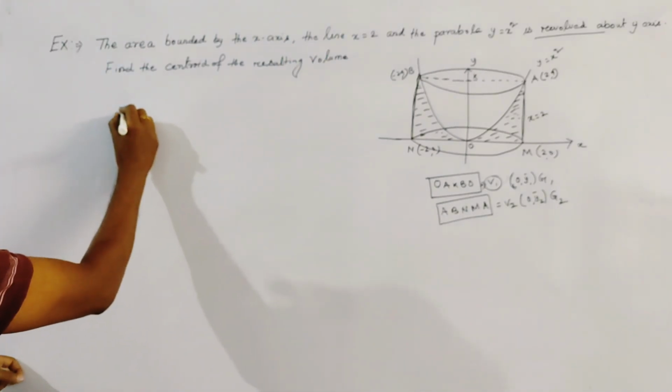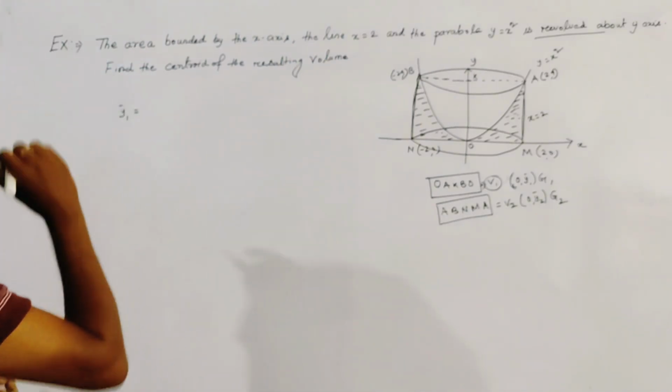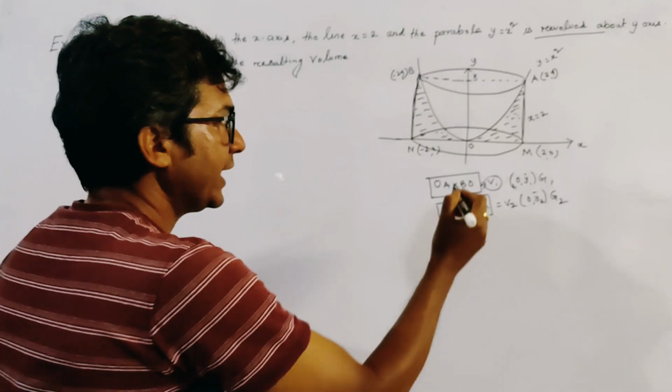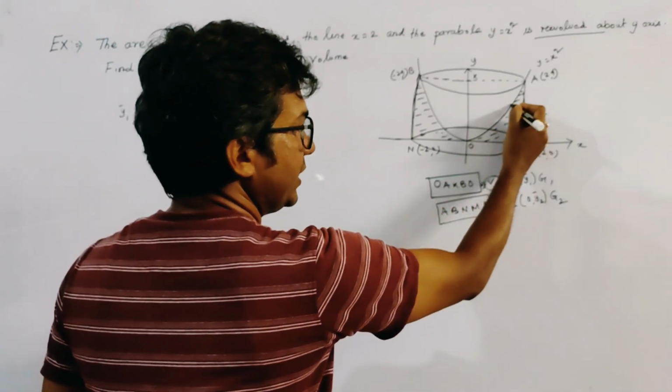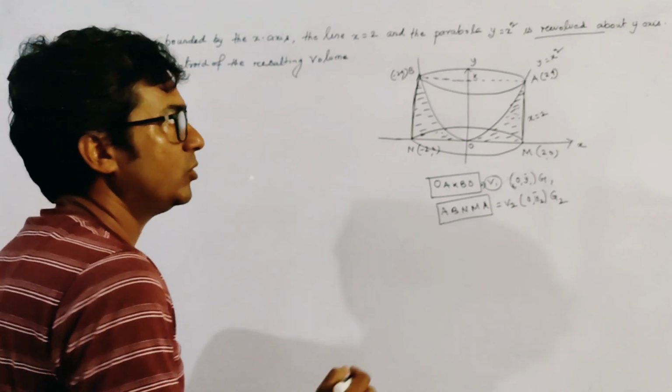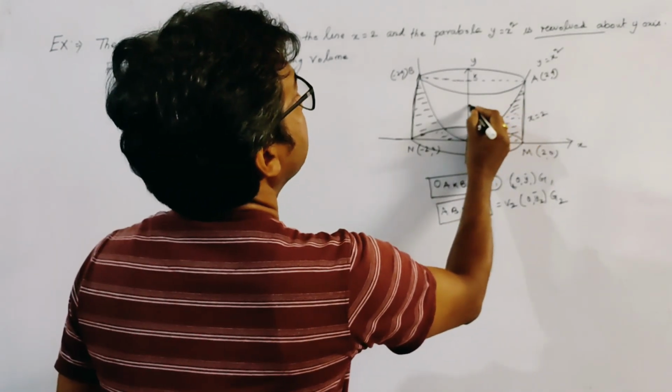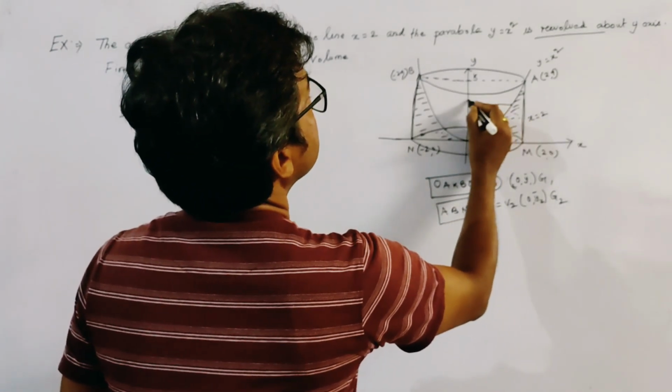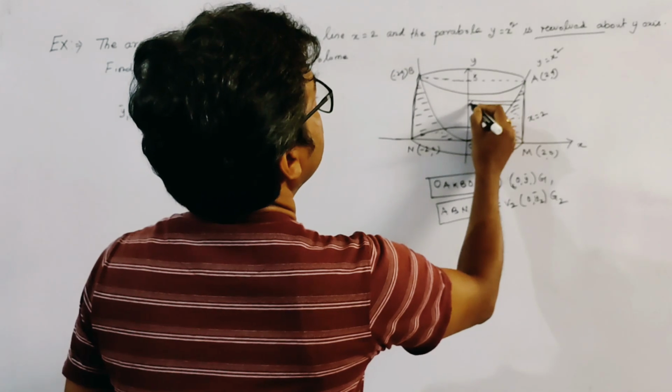For the coordinate y1 bar, we take any point on this curve y equal to x square, and we consider a strip like this.